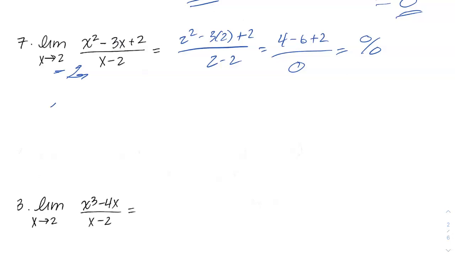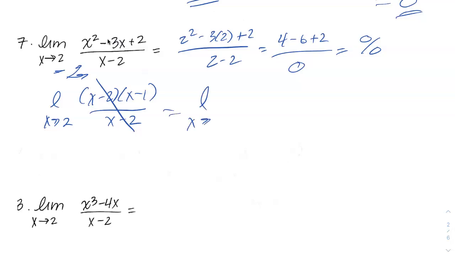So that means I have to factor it. I need two numbers that multiply to get 2 but add to get negative 3. That sounds like x minus 2, x minus 1. The x minus 2 terms cancel, and we get a limit as x approaches 2. Remember, you have to keep on writing the limit until you sub it in. And now I can sub it in. I just get 2 minus 1, which is 1.